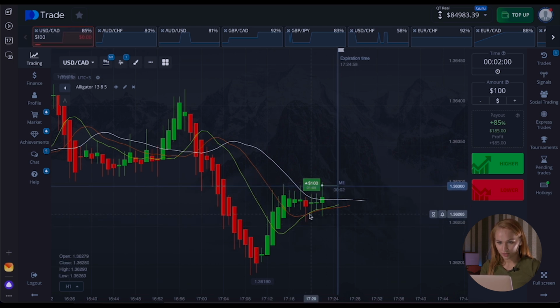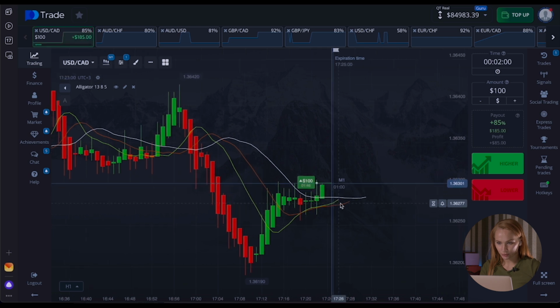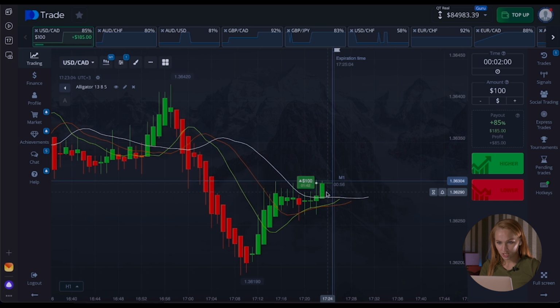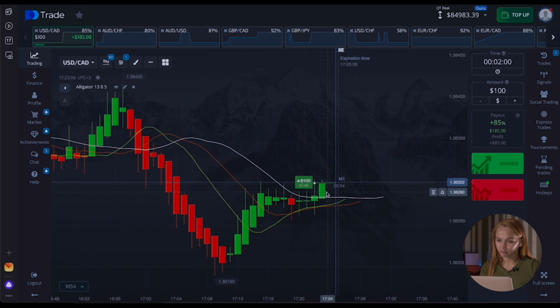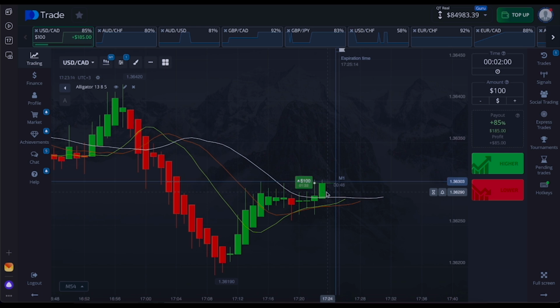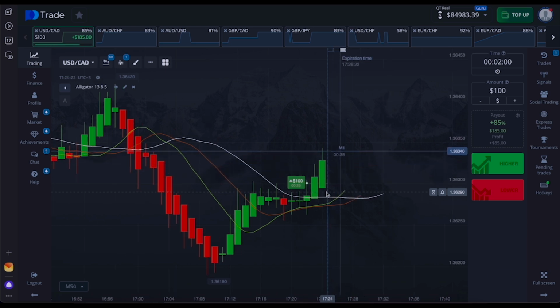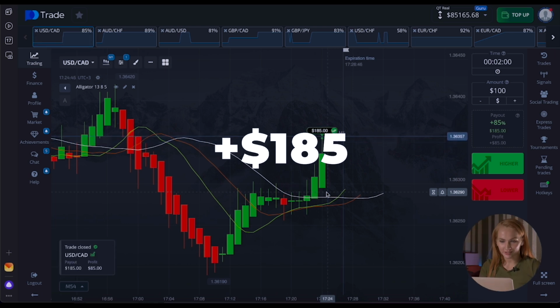We can see the lower line crossing the middle line and approaching the upper line. This is an uptrend, which is telling us the deal has potential for closing in a profit. Wonderful. Our deal has made profit.